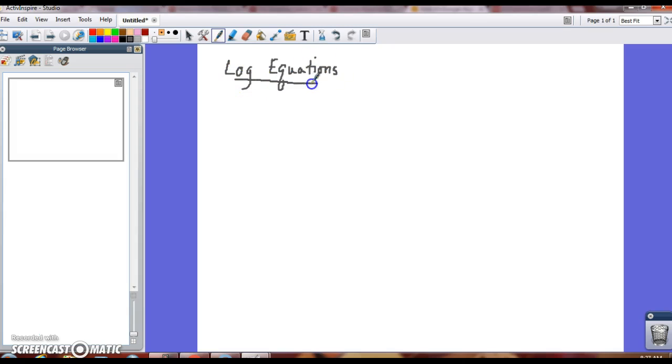Okay, so solving log equations. Here's the idea behind log equations, and it kind of mixes in with exponential equations as well. They just call them all log equations.